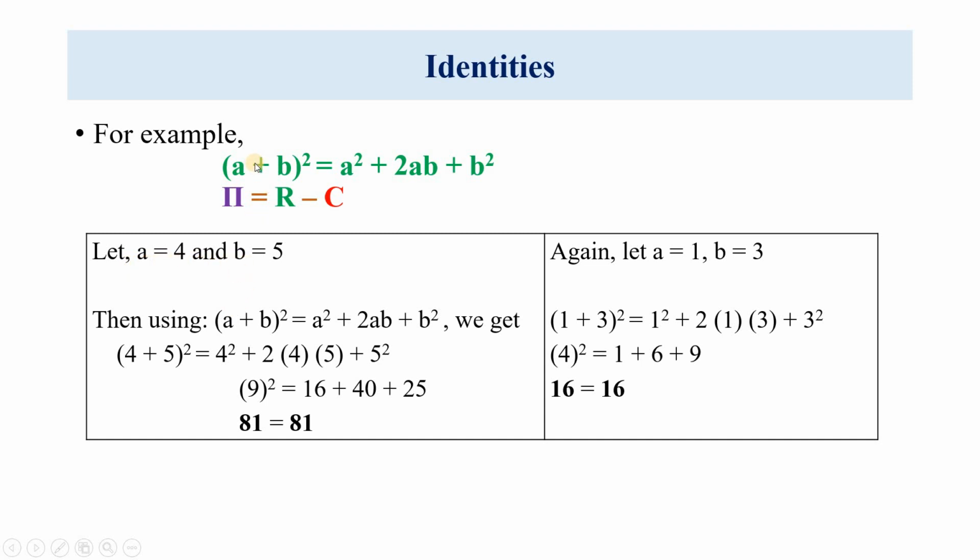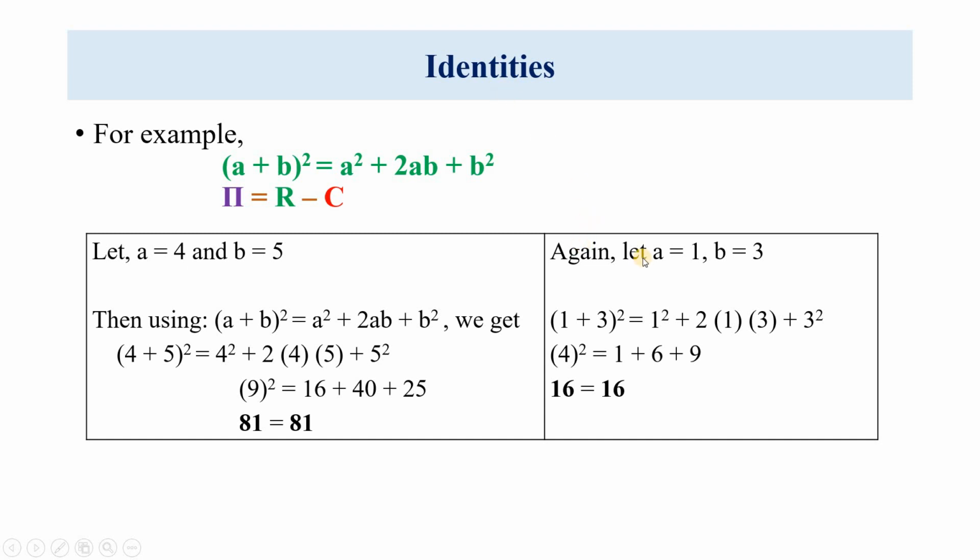Using our first formula, we get 4 plus 5 whole square, that is 81, and by replacing the values of a and b in a square plus 2ab plus b square, we also get 81. The two sides are equal, so this satisfies the condition of identities.